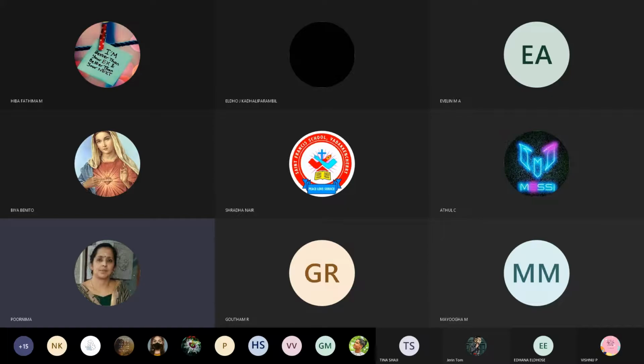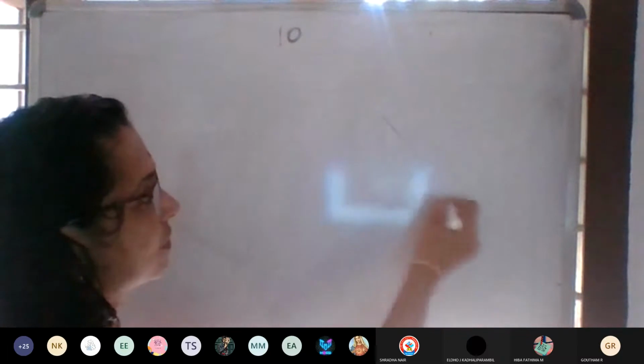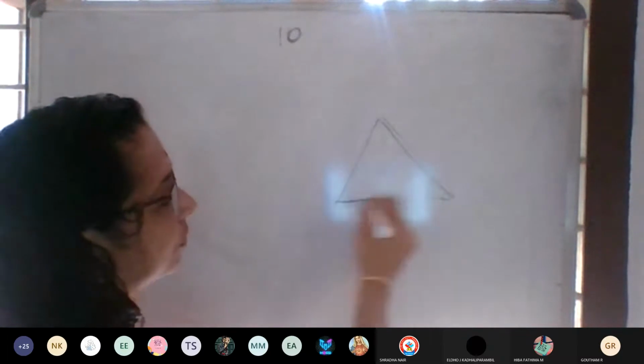Theorem number 1. If two sides of a triangle are equal, then the angles opposite to them are also equal.